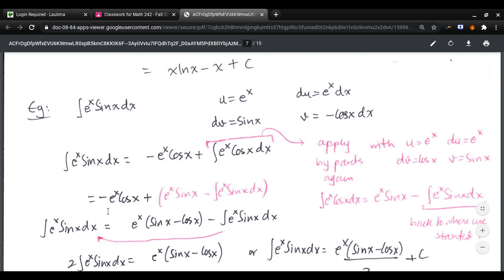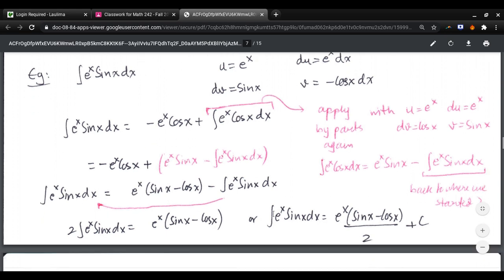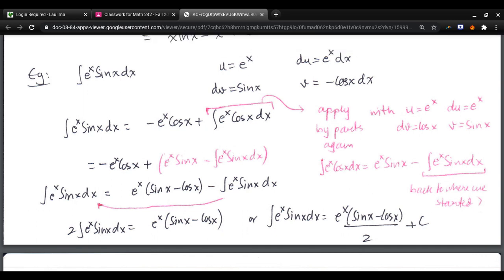If I replace this term here, I notice that I have two similar terms with a negative sign, so I can take them all to one side, which means I add the same term, and I get twice the integral I was looking for equals something that does not have an integral, and I can find a result. This is an example of an iterative process, meaning you start with an integral, you end up with a second integral.